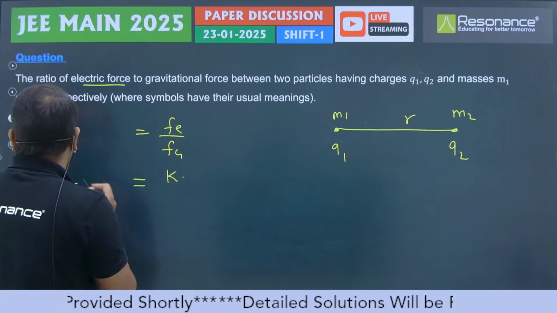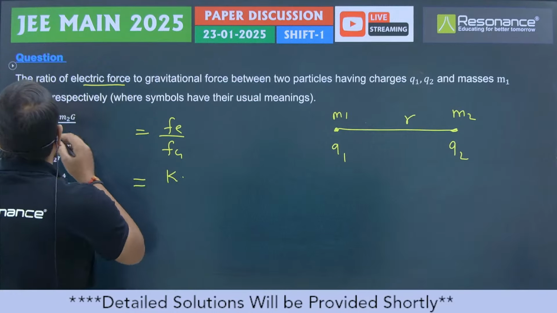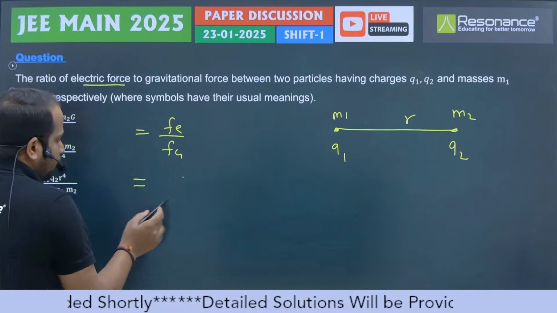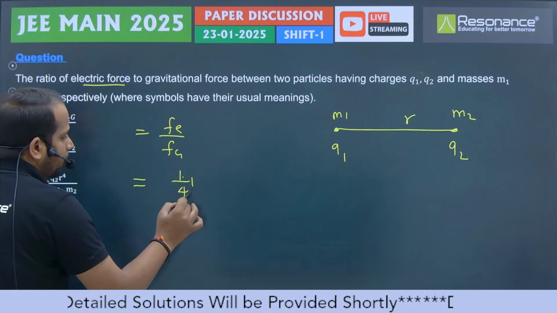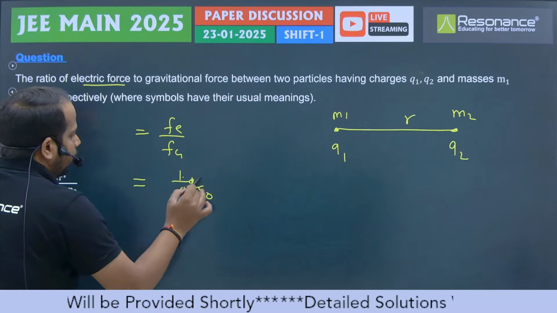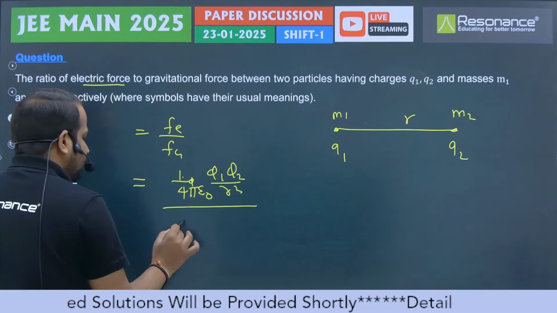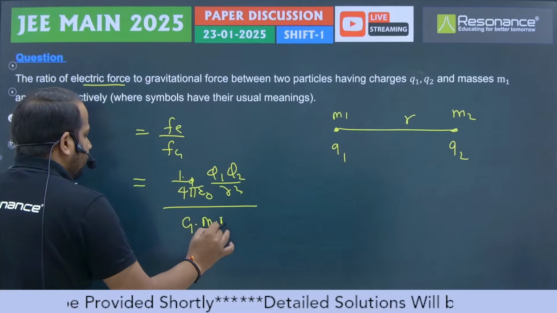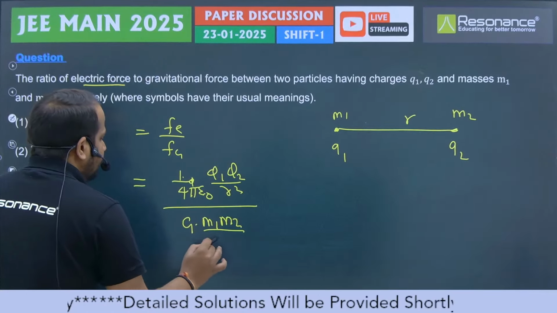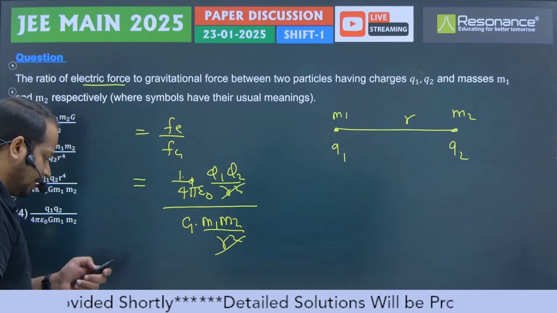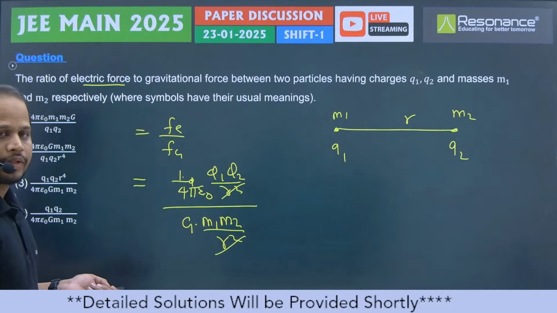It's k, which is given as 1 upon 4 pi epsilon naught, so we can just take k in terms of that, right? So you can say this is 1 upon 4 pi epsilon naught into q1 q2 by r square, divided by Fg, which is G into m1 into m2 by r square. So r square cancels out and you will get the result, right? Okay. Now let's move on to the next one.